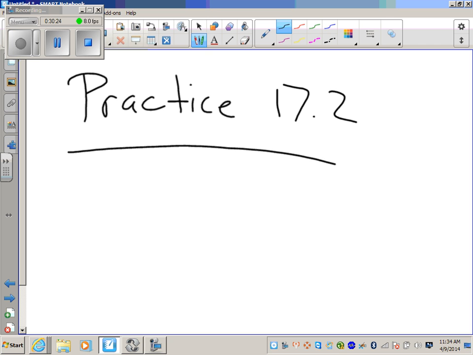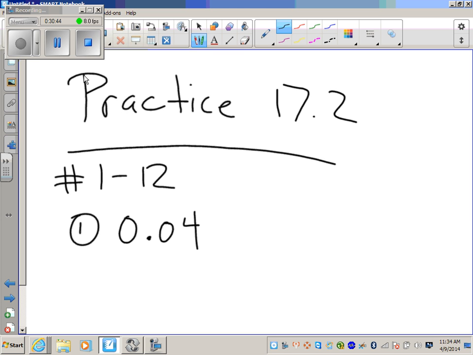Practice 17.2. Make sure you're looking at the practice side, not the homework side. Numbers 1 through 12. Let's look at the directions. They say write as a percent. So number 1 is 0.04. What is this right now? Decimal. So I need to do what?